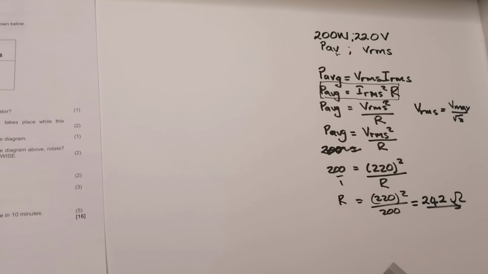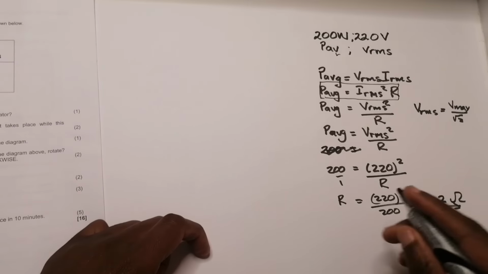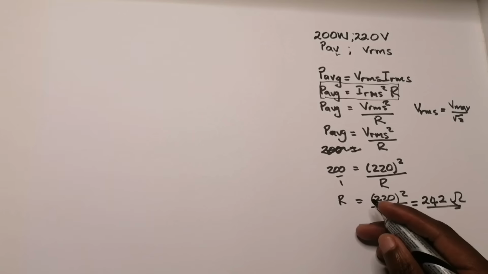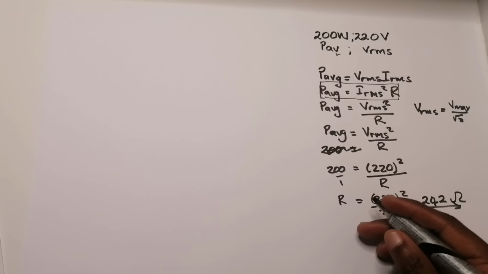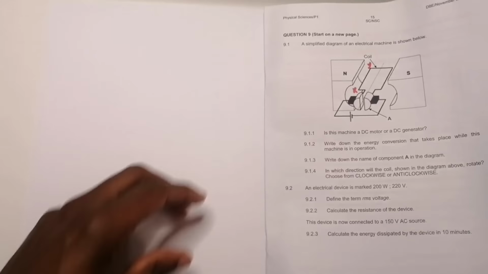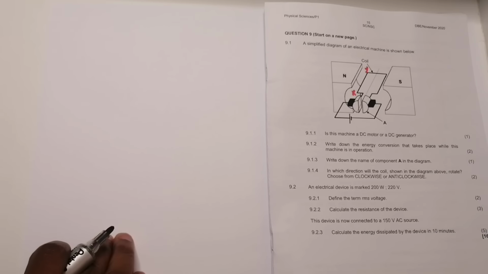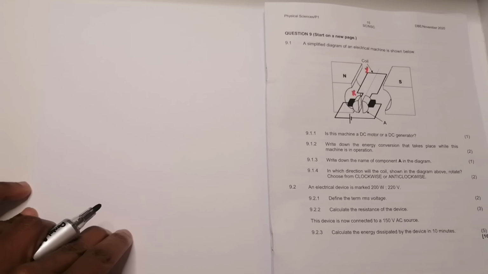Now, ladies and gents, what remains the same? Note, when I change the voltage of the source, obviously it's going to change the amount of power that is actually dissipated. So now how am I going to get the amount of energy that is dissipated?